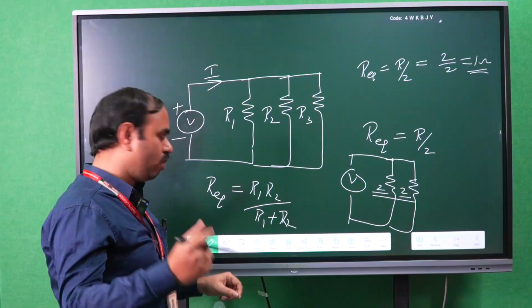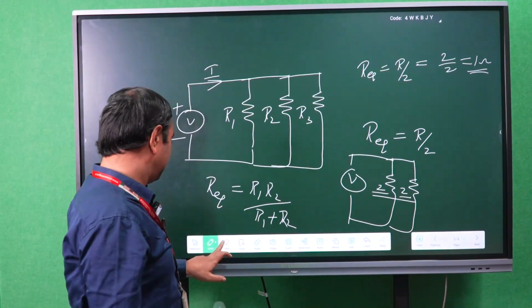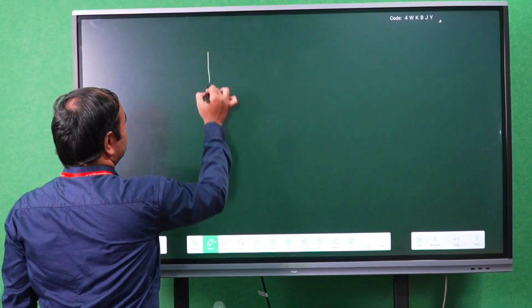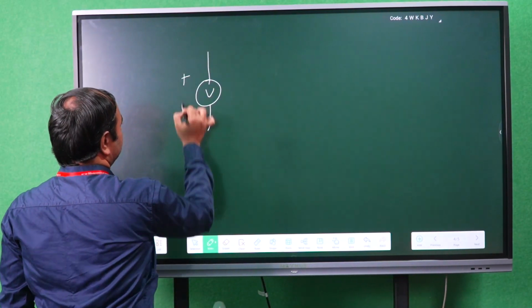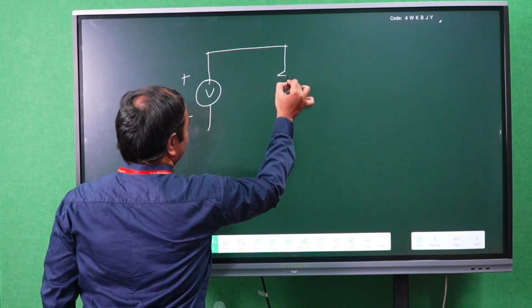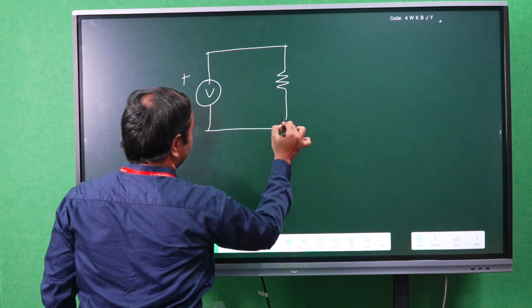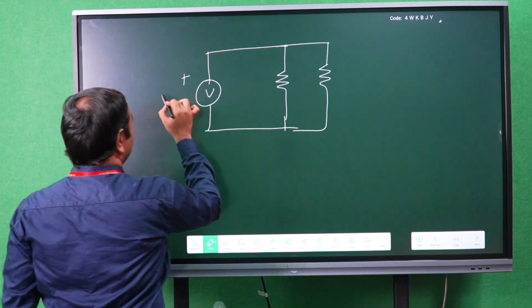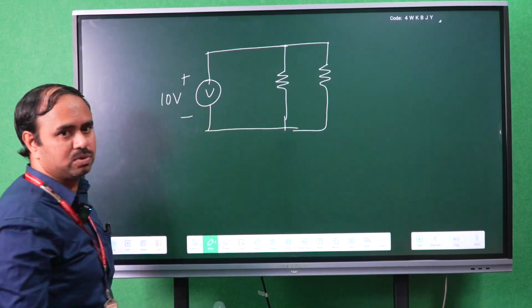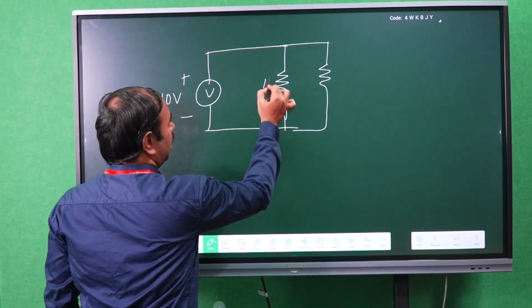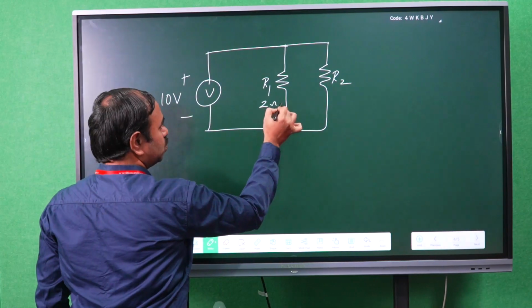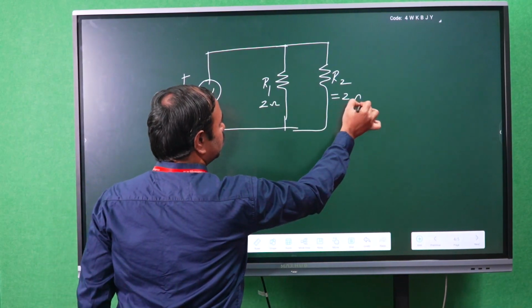Let me discuss a small example. 10 volts is the voltage source and R1, R2. R1 value is 2 ohms, R2 is also 2 ohms.